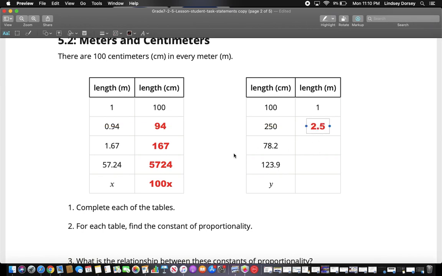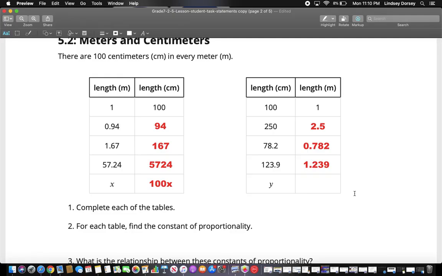Okay, 78.2 centimeters. 0.782. Okay, 123.9 centimeters. 1.239 meters. So what are we doing now to determine our length in meters when we're given centimeters?